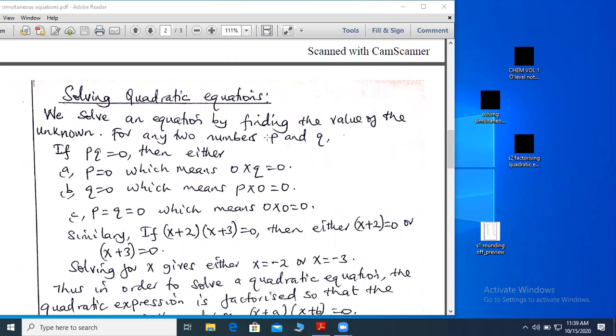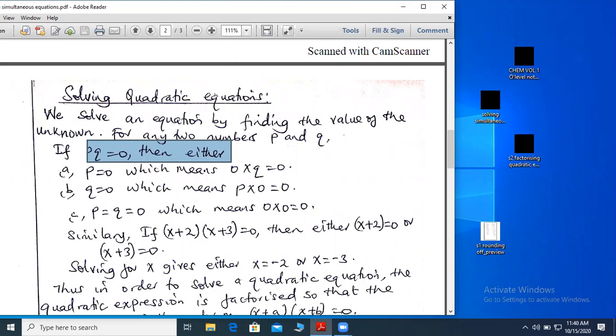For any two numbers, for example p and q, if the product of these two numbers, p and q, is equal to 0, then either one of these numbers is 0. Why is one of these numbers equal to 0?